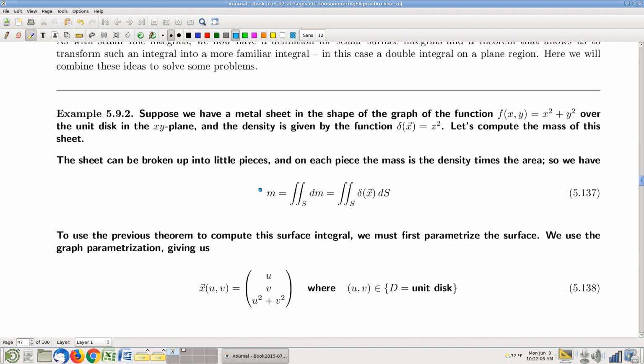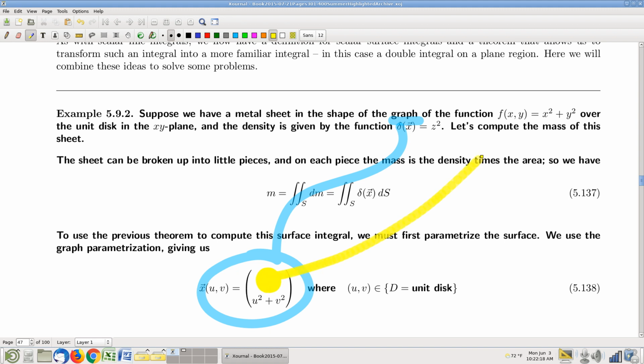We are looking at a graph, so you'll notice I'm using the graph parameterization. Per that strategy, I make the first two coordinates the input parameters, and then I plug the input parameters in to get what the third coordinate should be.